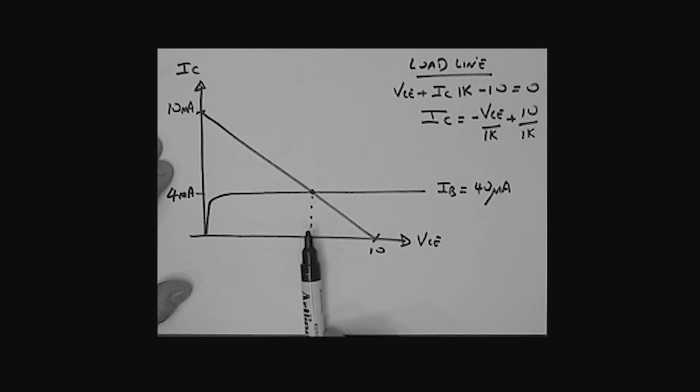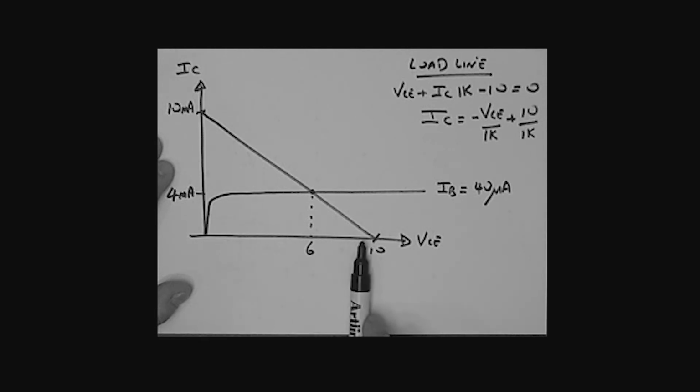Now, this is all DC considerations, but the rationale for establishing an operating point at a particular location is so that when we apply a signal, we can get the maximum possible swing in collector-emitter voltage. I've got the collector-emitter voltage sitting at 6, so the maximum swing I can have without any distortion is I can go up by 4, which means I can go down by 4.